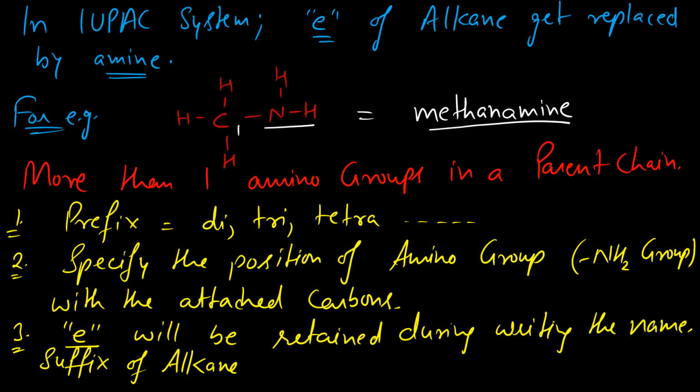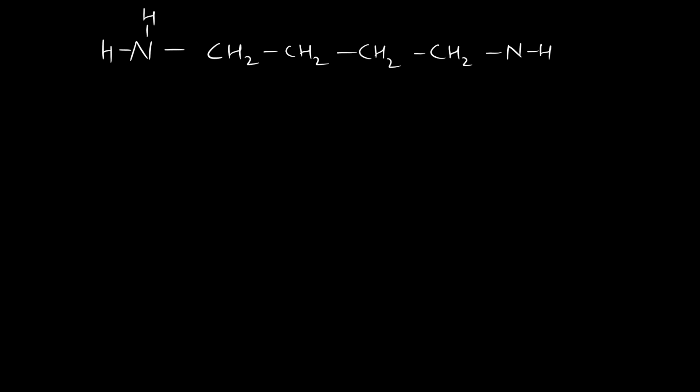Now let's see one example. Let's say one amino group is present on the left-hand side of the carbon chain, while the other amino group is present at the other end. Now let's check the number of carbons: it's going to be 1, 2, 3, 4.